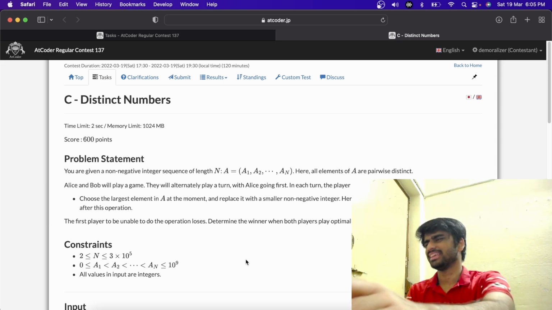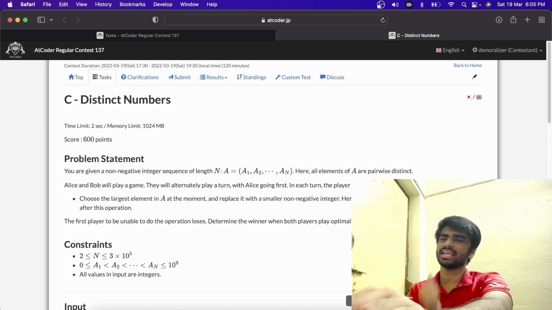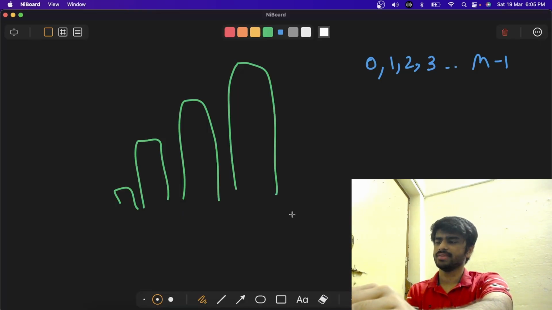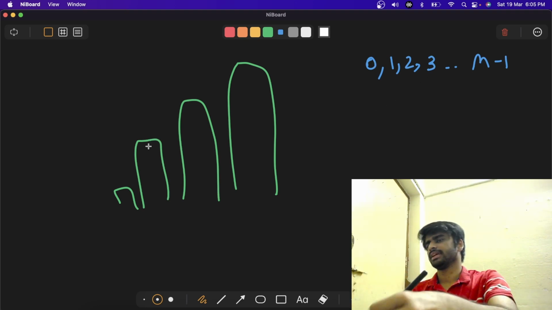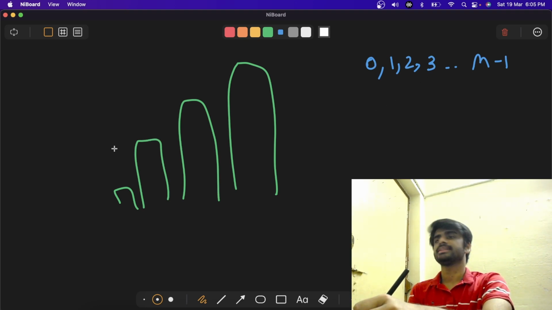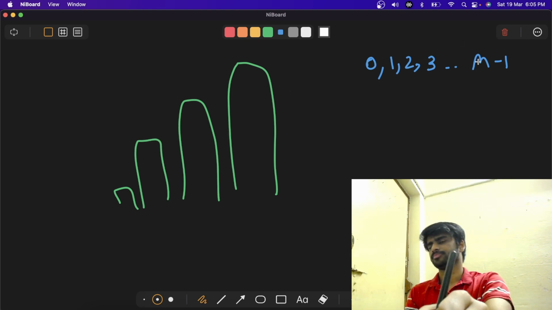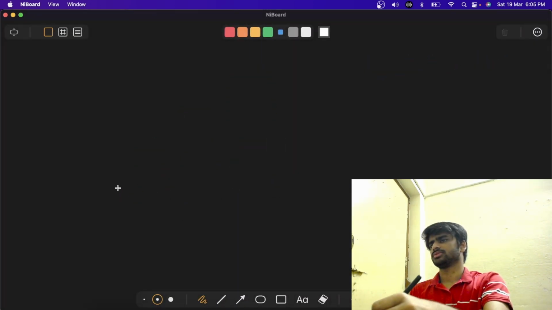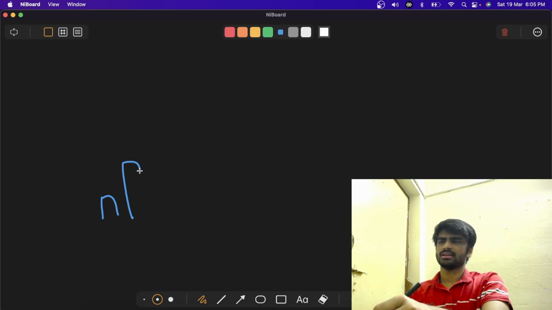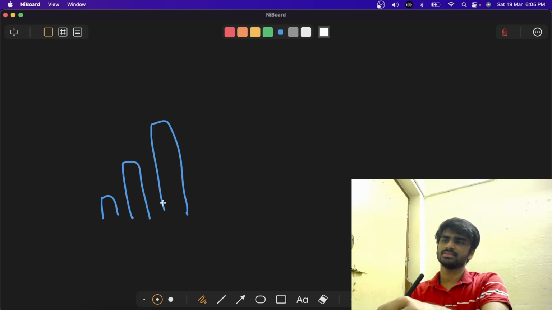So here's what I'm thinking. I think the game is very, very favorable for Alice. Let's say the largest number that is there, I'm just assuming a case that the largest number is quite large.